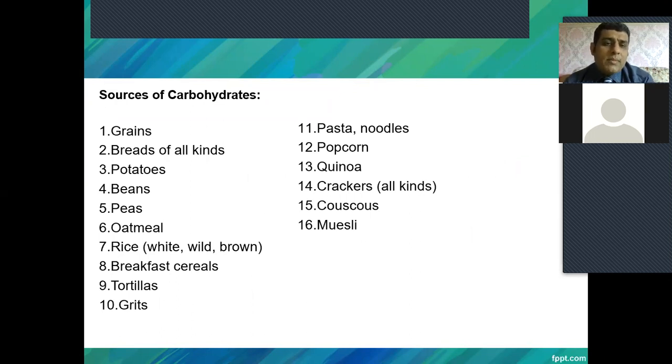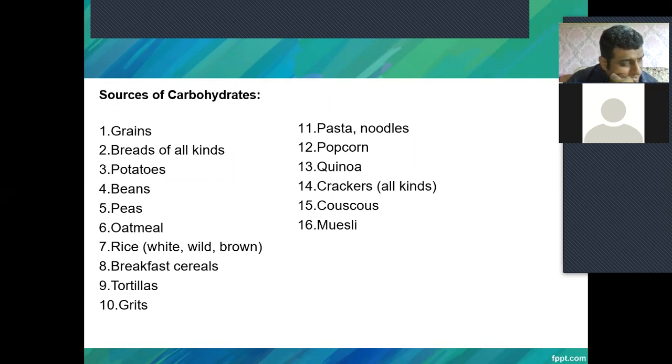Then the sources of carbohydrates mostly belong to the plant source. All kinds of breads have carbohydrate. Grains, potatoes, beans, rice, boiled rice, brown rice, and all rice is the richest source of carbohydrate.